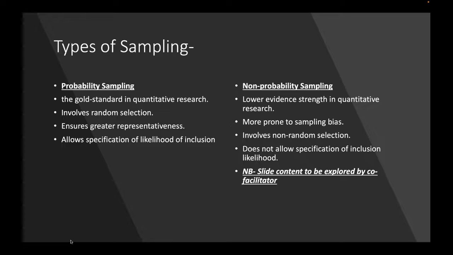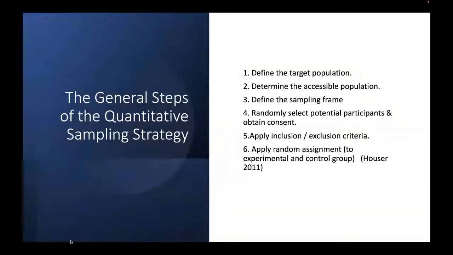So this is the introductory material around sampling. Now I spoke about the steps, and I want you to just very quickly consider this. The steps for sampling, both in qualitative research and quantitative research, are pretty much the same.